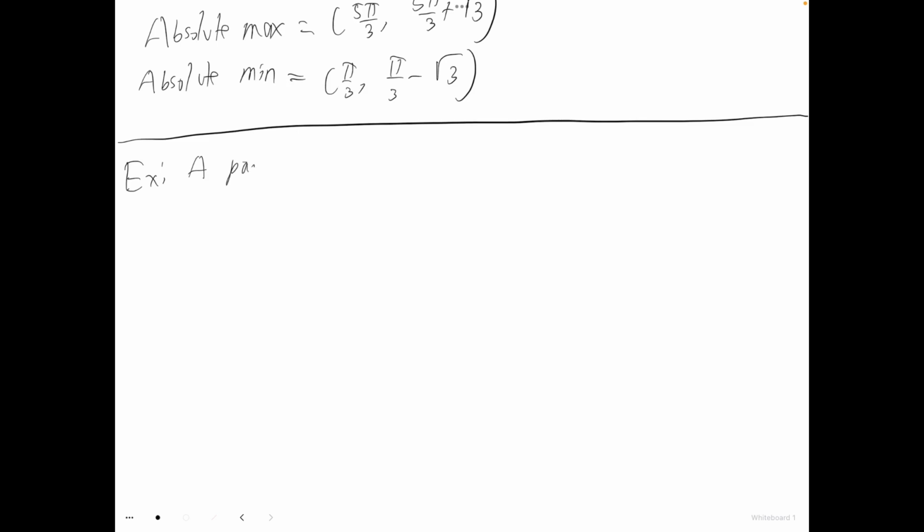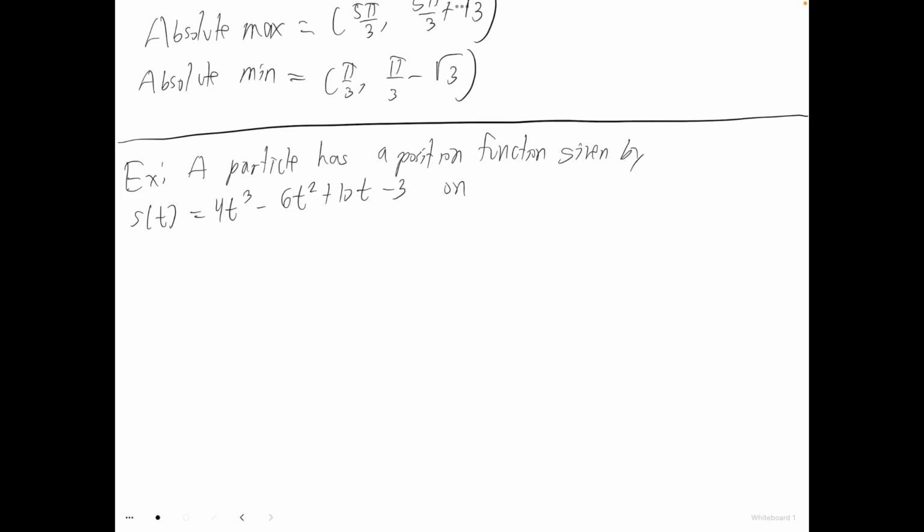And so we have a particle that has a position function given by s of t equals 4t cubed minus 6t squared plus 10t minus 3 on the interval 0 is less than or equal to t is less than or equal to 2. And so we've got this situation of some particle. We know its position function and we care about it on the time interval from 0 to 2.